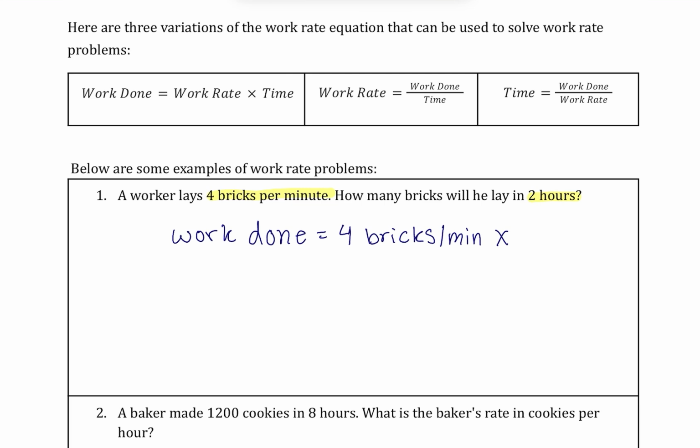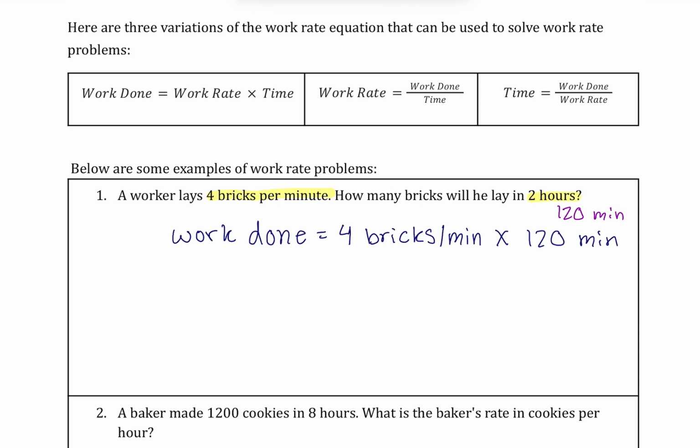So there are 60 minutes in 1 hour. So if you multiply 2 times 60, that is 120 minutes. So that's something you want to be on the lookout for. Make sure that your time is all in the same units before you plug into formulas. So we're going to multiply by 120 minutes. And then it's just a matter of working out the math here.